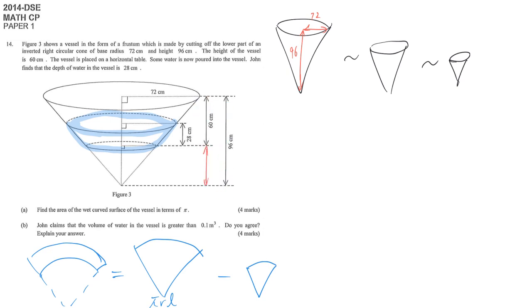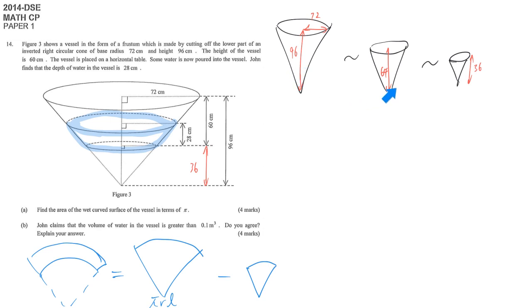We know the difference here is 36. So the height here is 36. And for the middle cone's height, we just add 28 on top of 36. So we get the height of the middle one is 64.